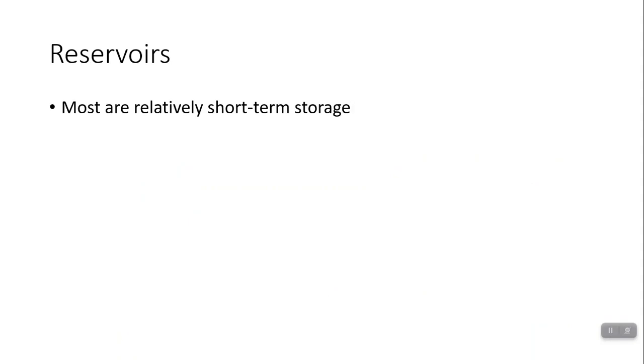So let's talk about the reservoirs for nitrogen. If we look at the nitrogen cycle, compared to carbon, all of the reservoirs in the nitrogen cycle tend to be very short-term storage, meaning nitrogen doesn't stay in them for very long periods of time, not like hundreds of millions of years like fossil fuels, for example, which store carbon for a very long time.